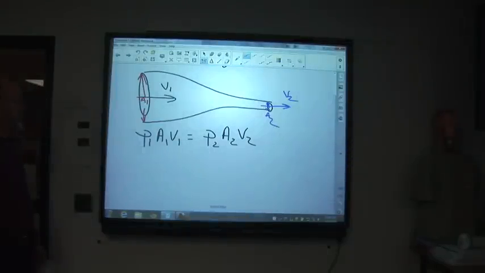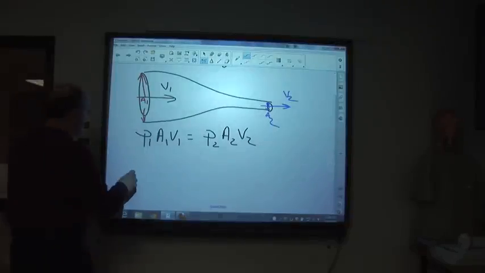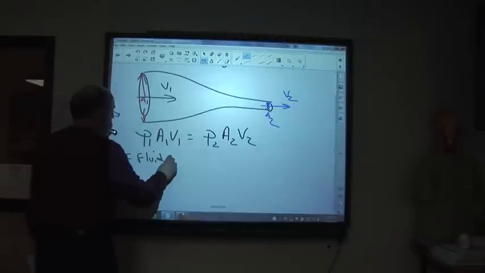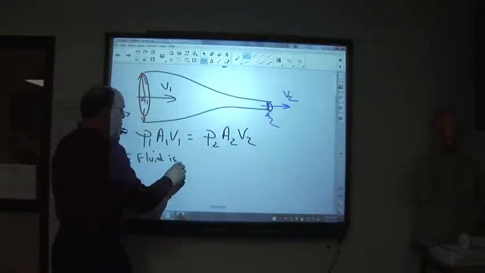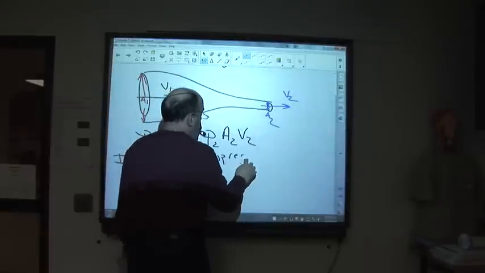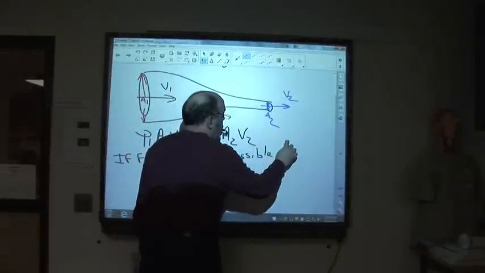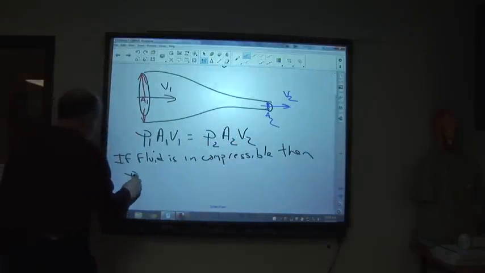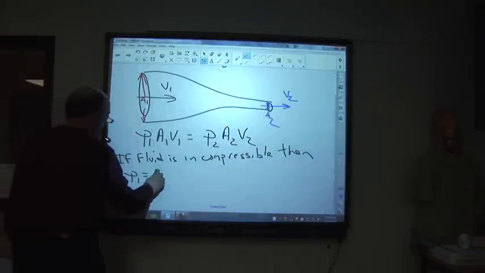Okay. Well, if the fluid is not compressible, so if the fluid cannot be compressed, so if the fluid is incompressible, then the density will not change as we go from one end to the other.